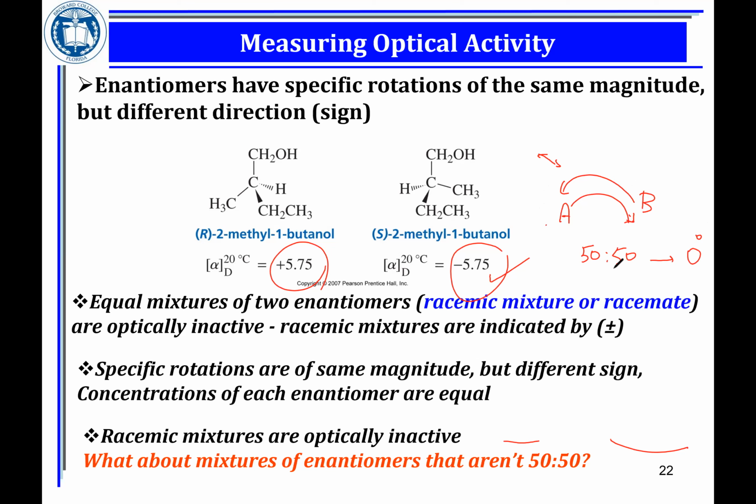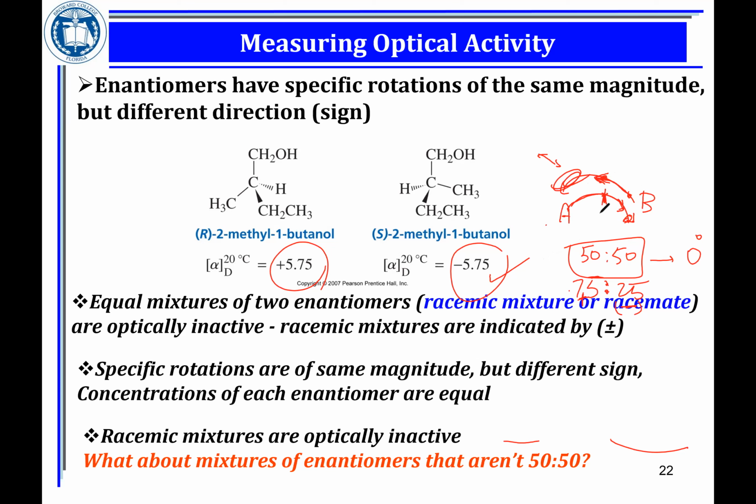Now, if the percent composition is not 50-50, let's say you have 75% and 25%, what's going to happen? If the 75% is for plus and the 25% for minus, if you mix it together, this is going to rotate the light by 75, and then this would bring it back by 25. It would be canceled. So it came like 75, but it was rotated back by 25.